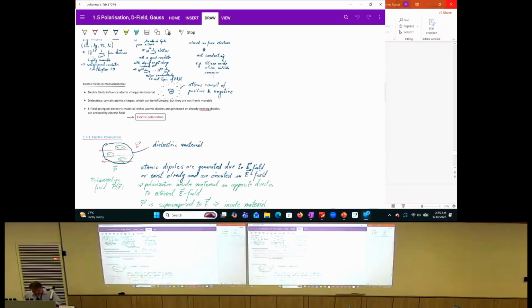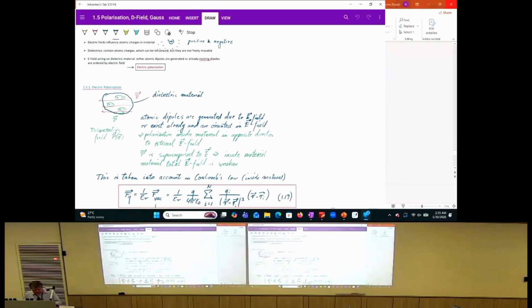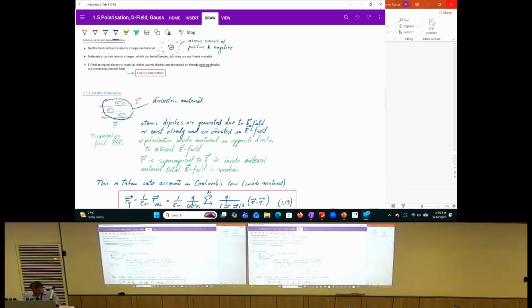And so how is this effect of polarizability? How can you imagine that? So there are two kinds of things that could happen. One thing is that you have atomic charges that are being influenced by an external field, and as a consequence, you have some kind of dipole moment forming.